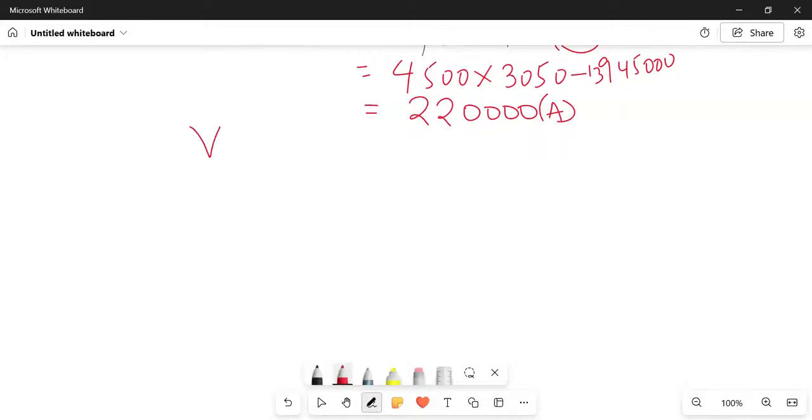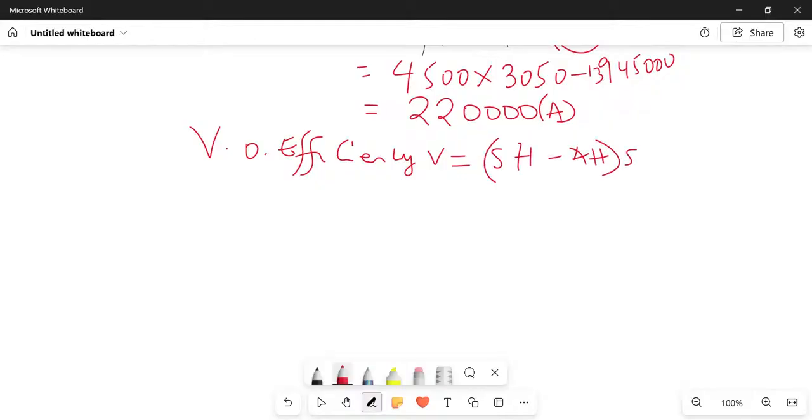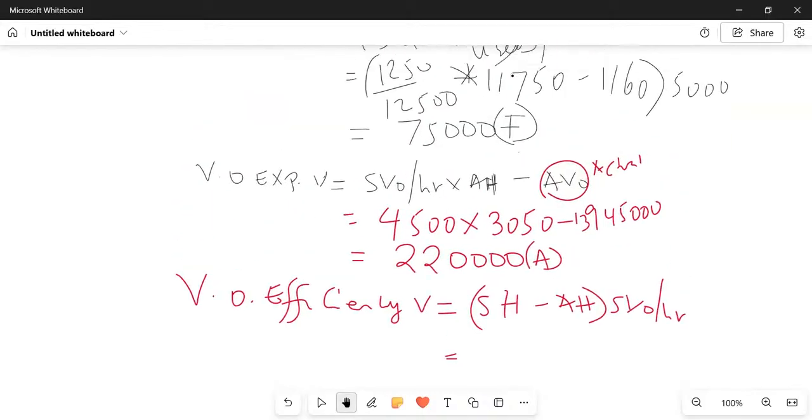So remember, it is variable overhead efficiency variance, which will be SHA. And then outside here, we have the standard variable overheads per hour, because it's variable overhead efficiency. So the question is, do we have these standard hours for actual production? Yes, we do. The standard hours, they are here.